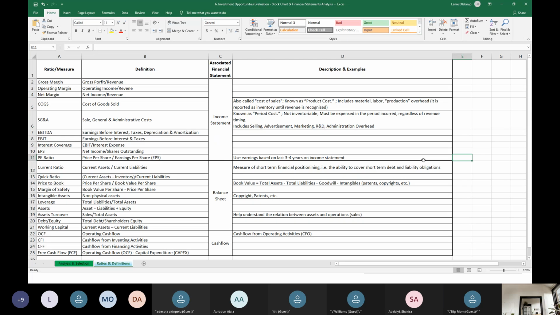However, I can compare a Walmart to a Target. See what I'm trying to say? I can compare a Google to a Facebook. So companies in similar industries are what you're comparing when you use earnings per share from an investment decision point of view.